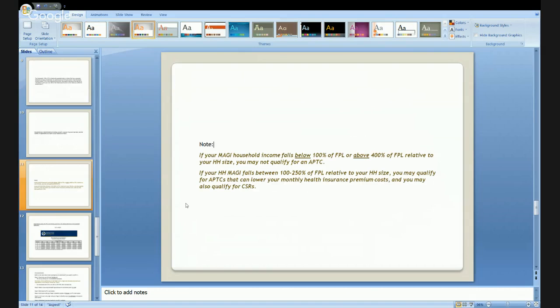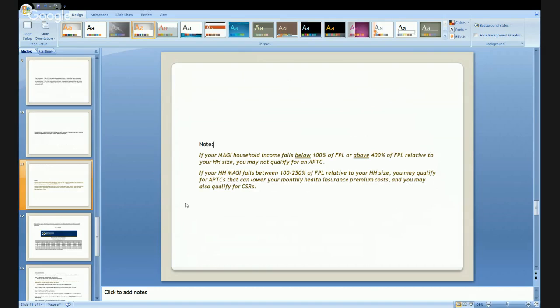If your household MAGI falls between 100% and 250% of the federal poverty limit relative to your household size, you may qualify for advanced premium tax credits that can lower your monthly health insurance premium costs.